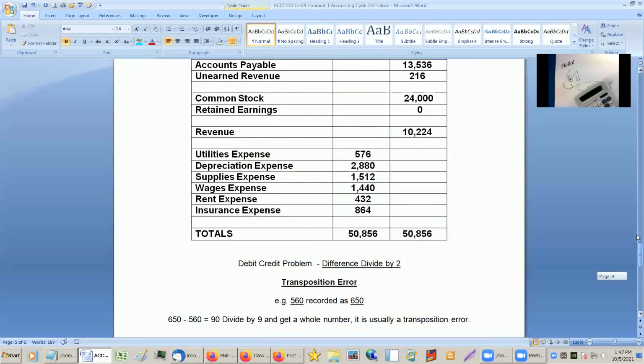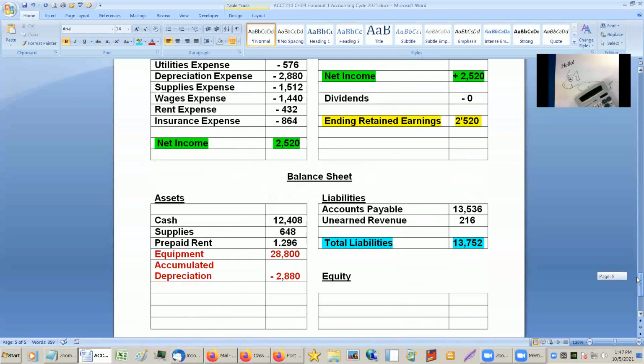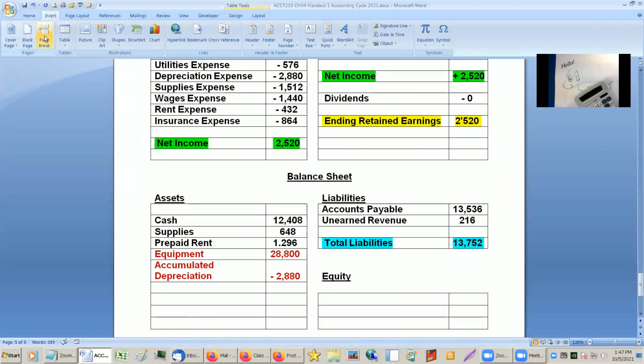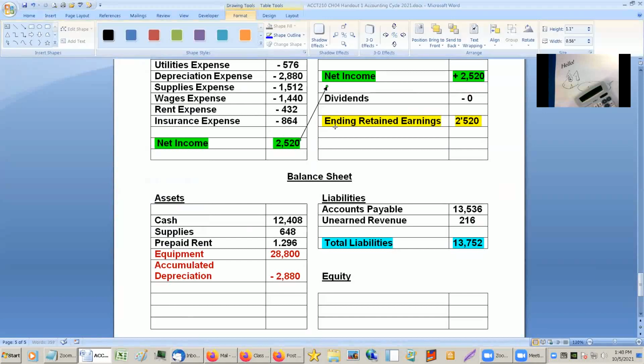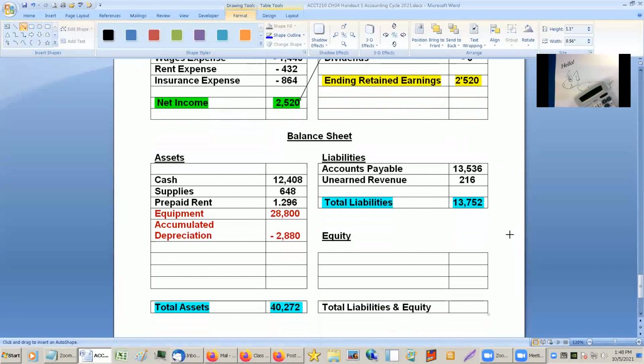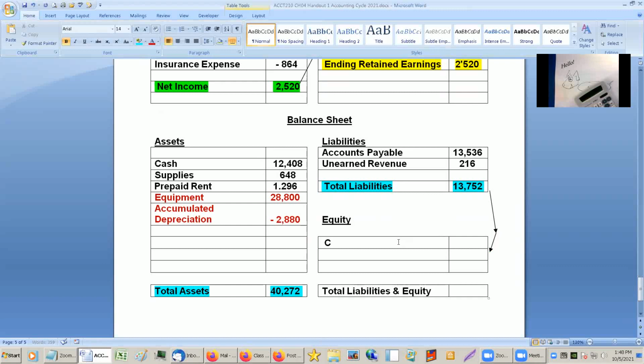Equity, we have common stock of what, 24,000, I think? Yep. Oh, I'm late. Sorry. I'll hurry up. 24,000, our ending retained earnings.